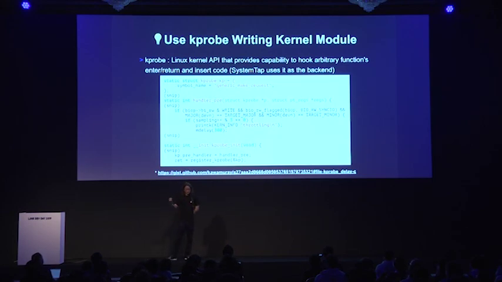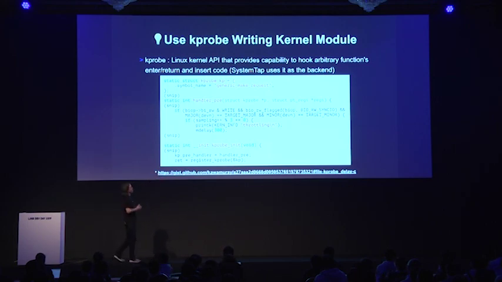So we came up with another method. There's an API provided by Linux kernel called kprobe. This allows you to place a hook in an arbitrary function within kernel. System tap also uses this API in the backend. By writing a kernel module directly using the kprobe API, we were able to insert an arbitrary delay.